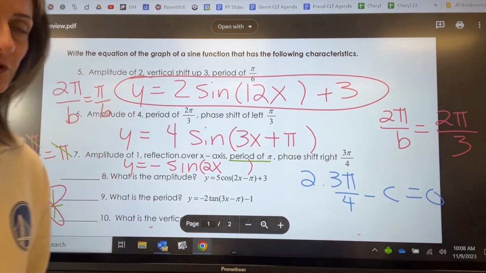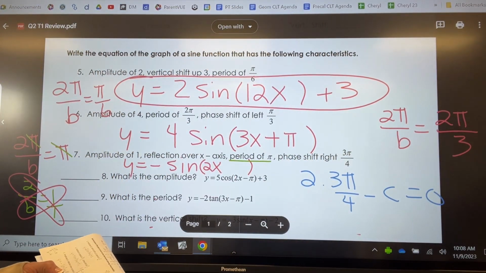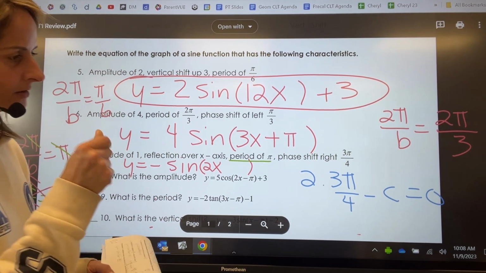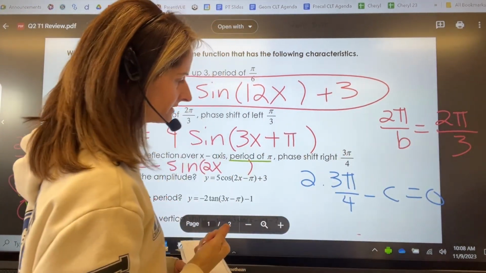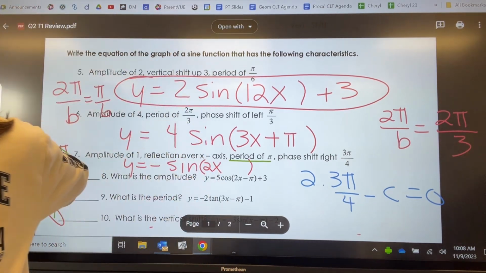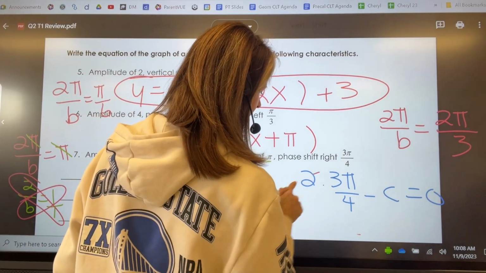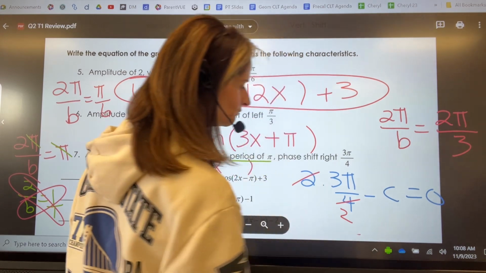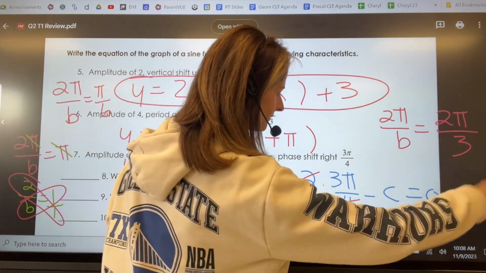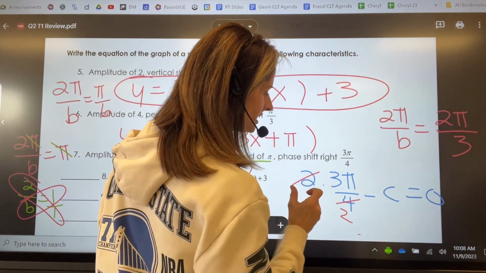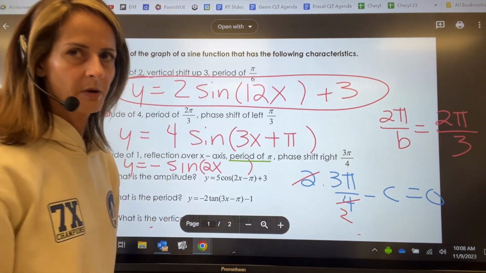And now we just solve for our c. So I move the c over to the other side, it's going to be positive. In my head, I'm thinking, okay, that 2, that's going to be a 2. So when I move the c over, I'm going to get c equals 3 pi over 2, positive.